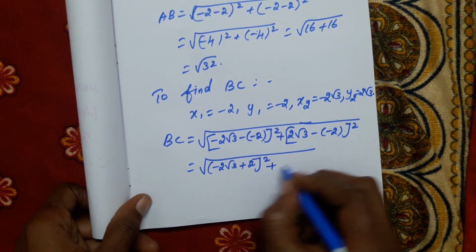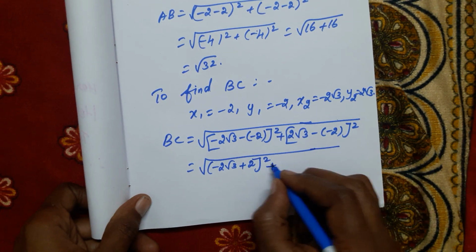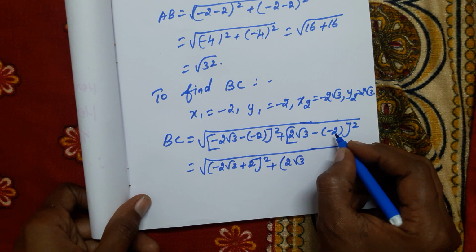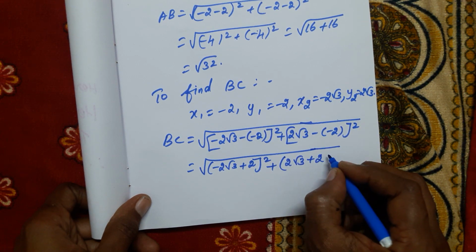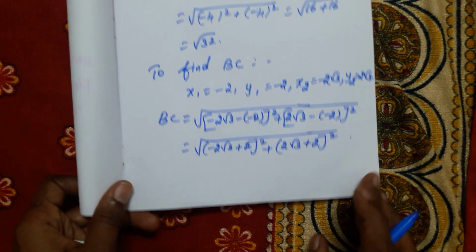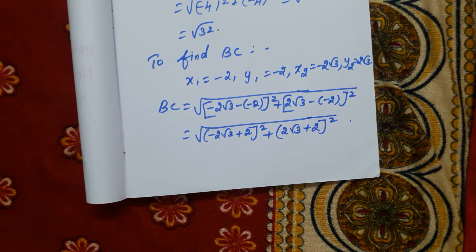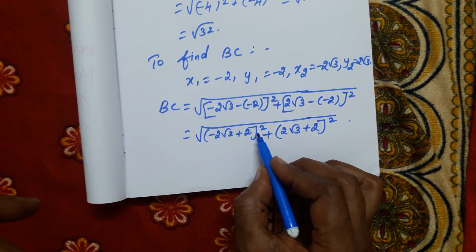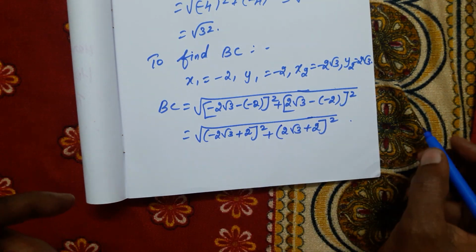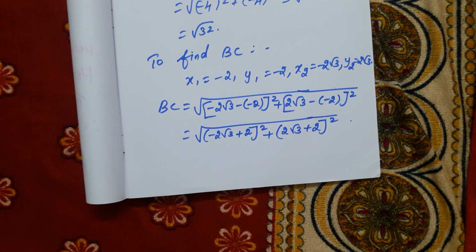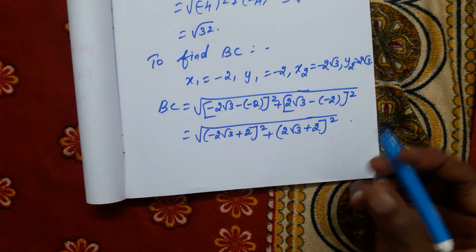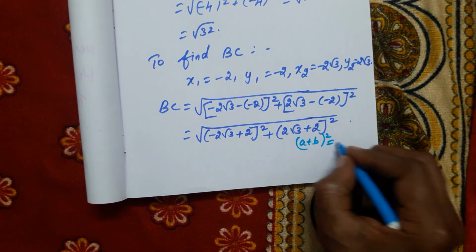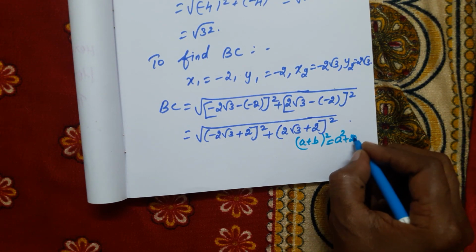Next here also, listen, 2 root 3 minus of minus plus 2, the whole square. Next, listen here, it is in the form of a plus b the whole square. What's the formula for a plus b the whole square? A plus b the whole square is equal to a square plus 2ab plus b square.